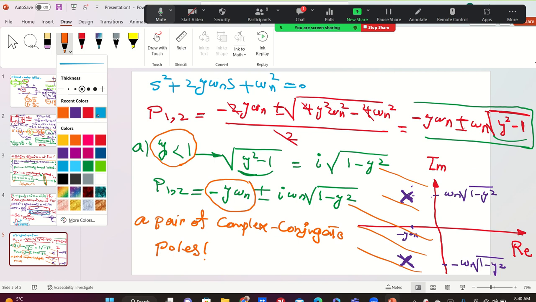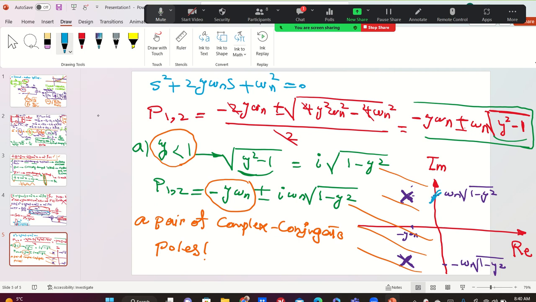So look at here. This is a pair of pure imaginary poles. Do you see that? So your system is going to oscillate forever. Okay? So what about this? Are they pure imaginary poles? Why? I want you to give the answer.